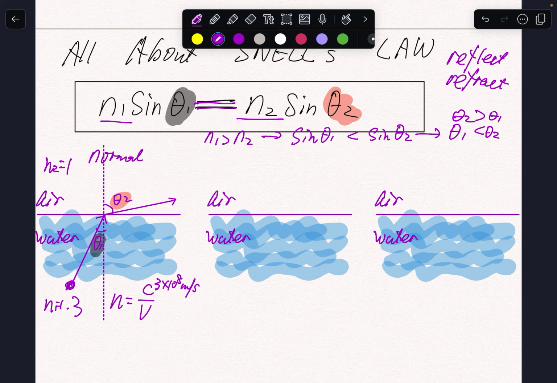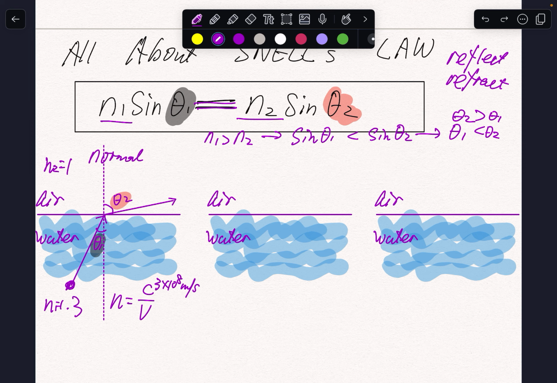If we divide c by the velocity of light in water, we get n of water, the refractive index of water. If we plug in the velocity of light in air, we get the refractive index of air.